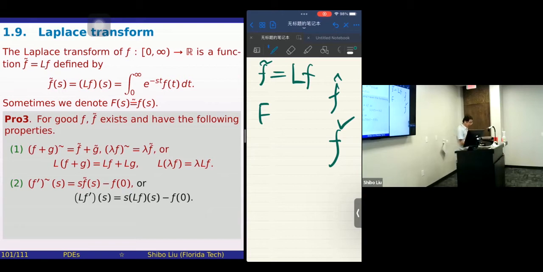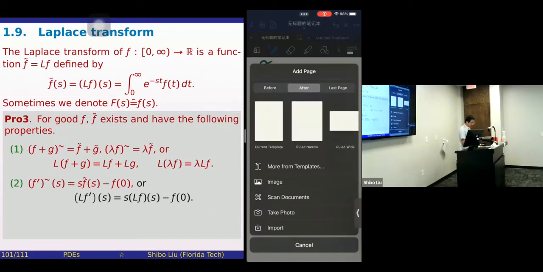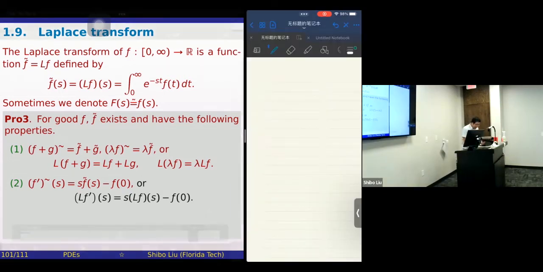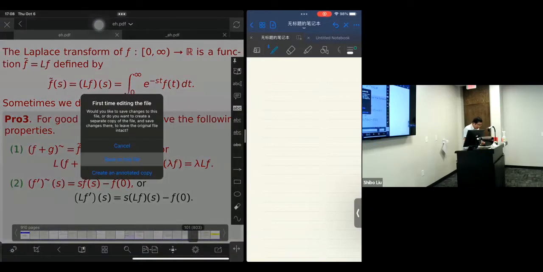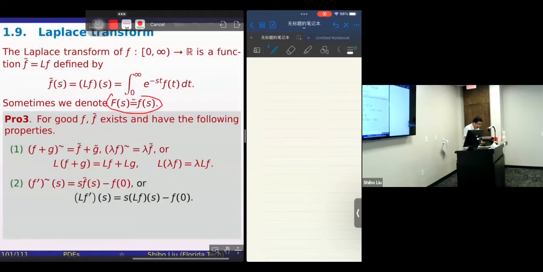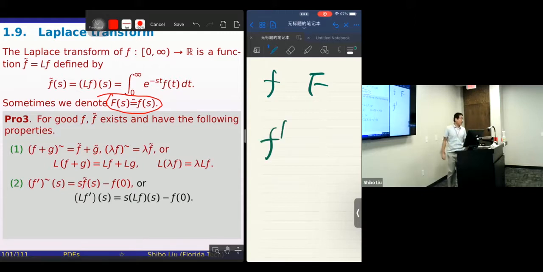Now, from this property, we can understand why sometimes we don't want to use the capital F notation. Because for your f, you use capital F to denote its Laplace transform. But if you use this style, what should you use to denote the Laplace transform of f prime? We could not do this.